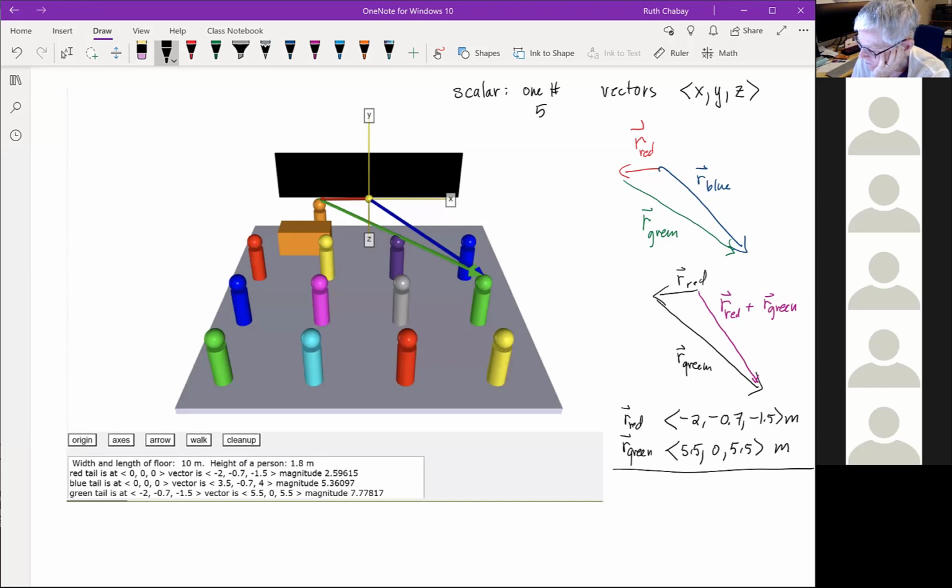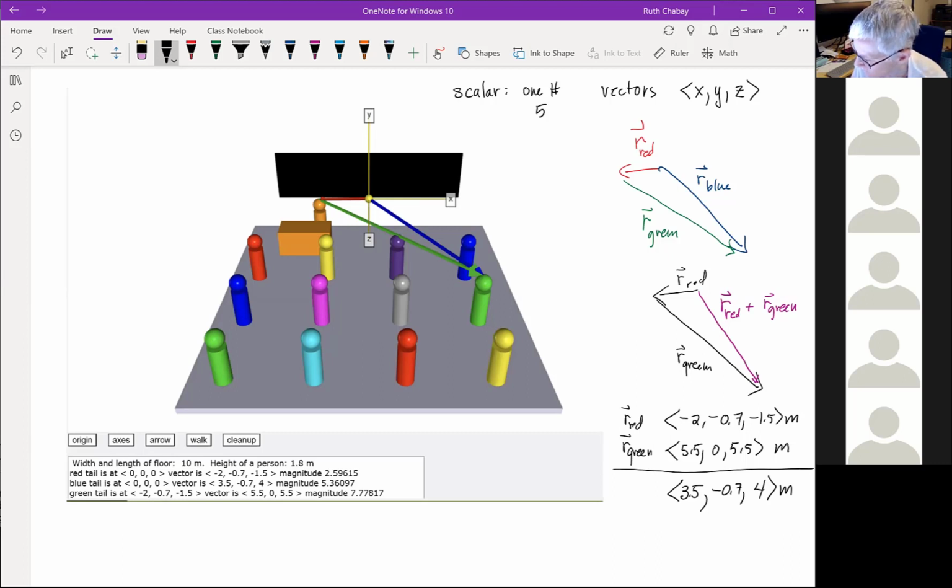And if we add these two things together, -2 plus 5.5 is going to give us 3.5. So we're adding the x components here. And now we're going to add the y components. So -0.7 plus 0 gives us -0.7. And we're going to add the z components. -1.5 plus 5.5 should give us 4 meters.